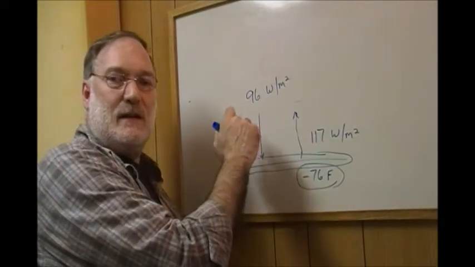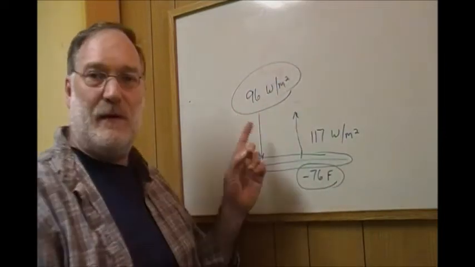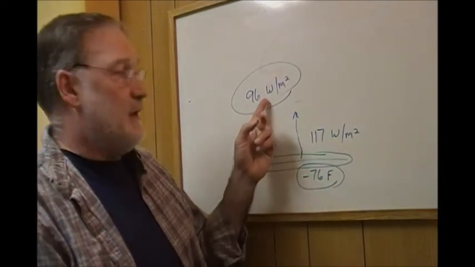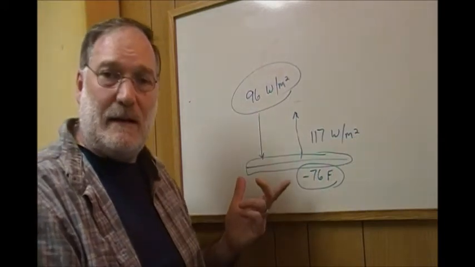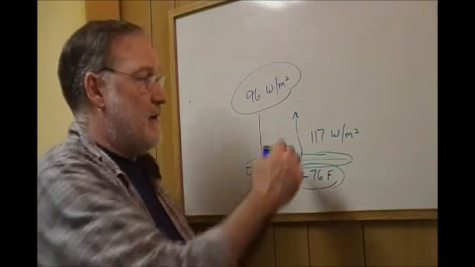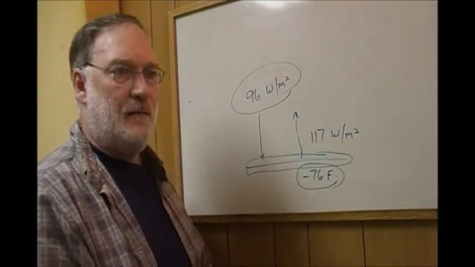If every single air molecule is giving off thermal radiation, then the amount of back radiation that's coming back to the ground is a reflection of the temperature of the air column above the ground.